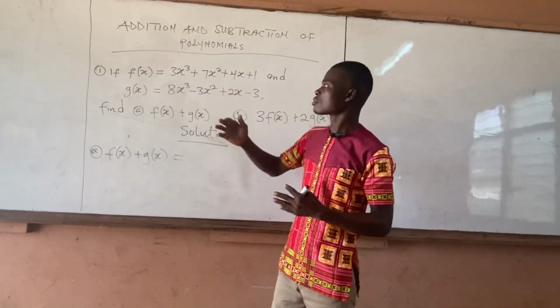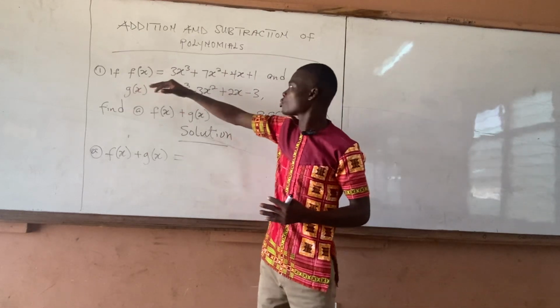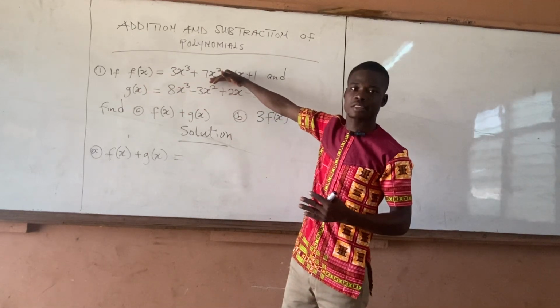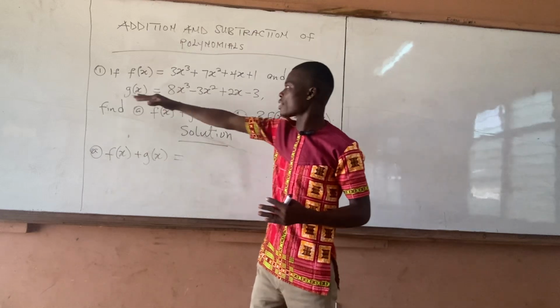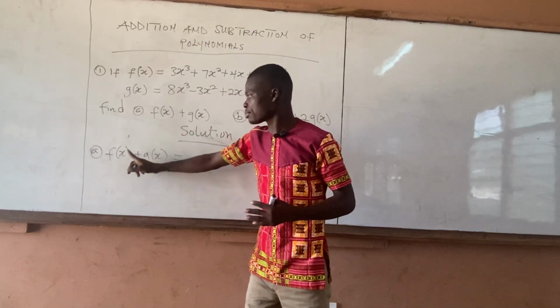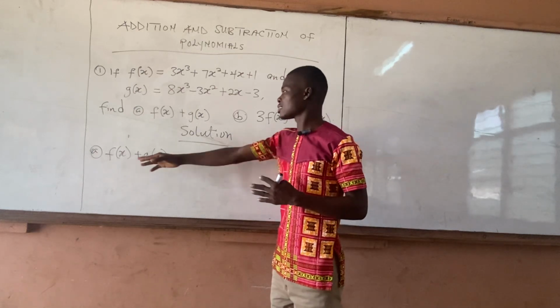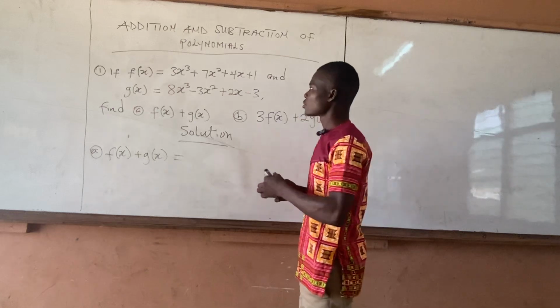Now, let's go back to the problem. You see, f of s is equal to this, and g of s is equal to this. So, for f of s plus g of s, we have to take our time and write the function for f of s, which is equal to what?